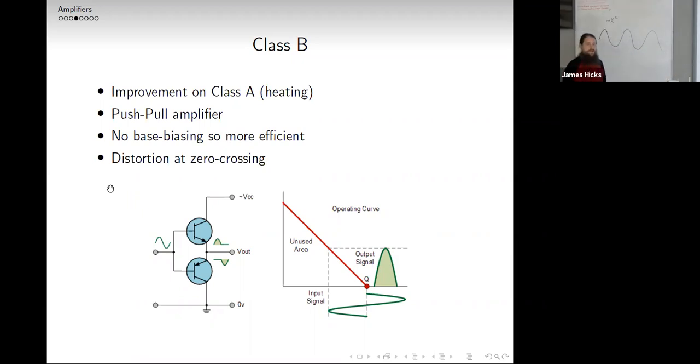So what's the drawback? Drawback is what happens at zero crossing. And that's where we get some distortion.